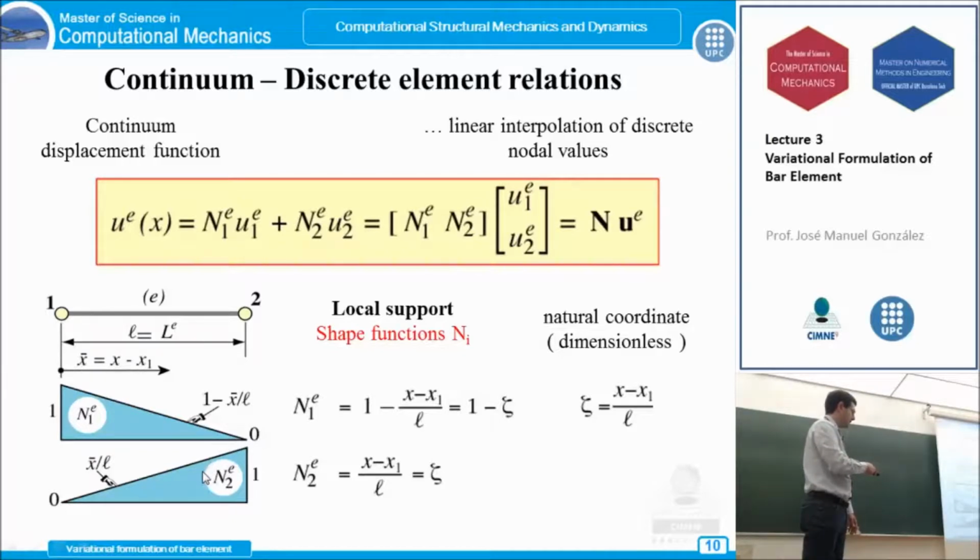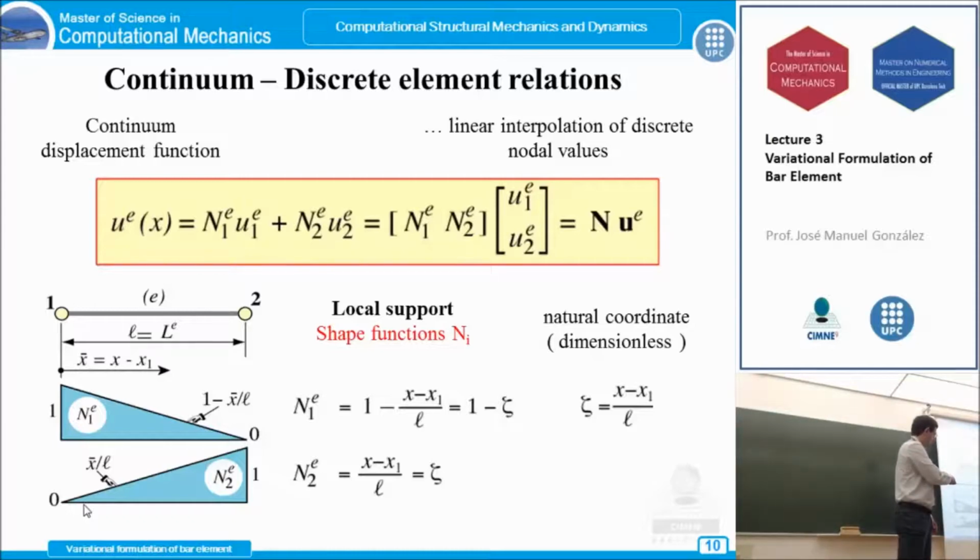The second shape function, from node 2, is the same: it must be 1 in this node and 0 in the opposite node. So the displacement in this bar element from node 1 to node 2 is characterized using this expression. We are interpolating the displacement function using the values of the displacement in node 1 and node 2.